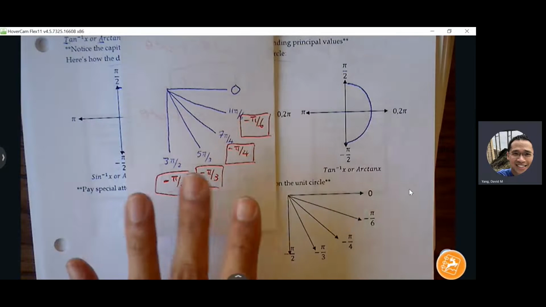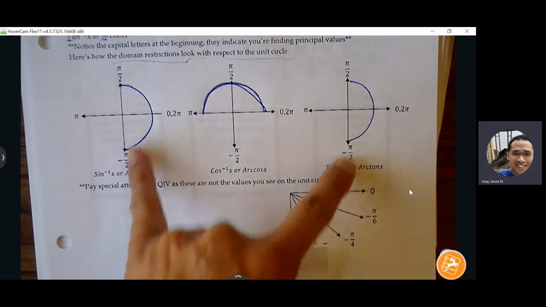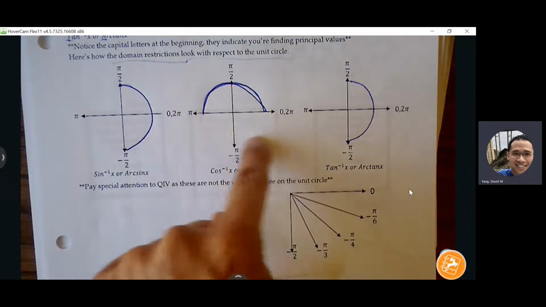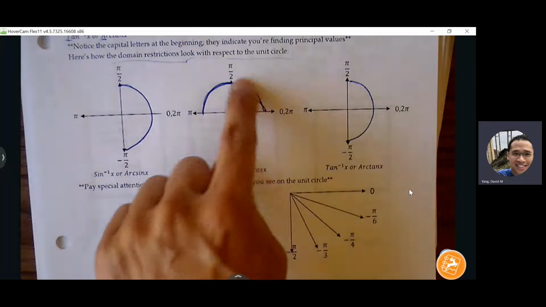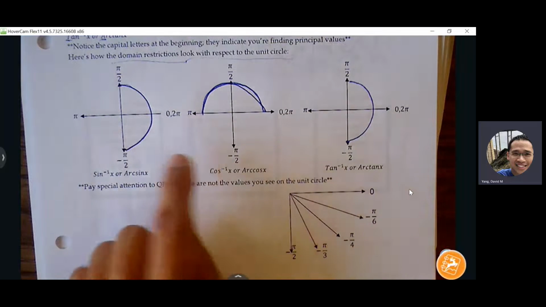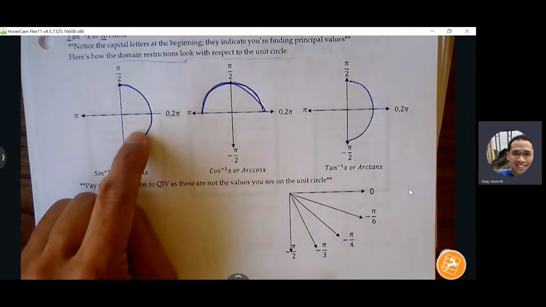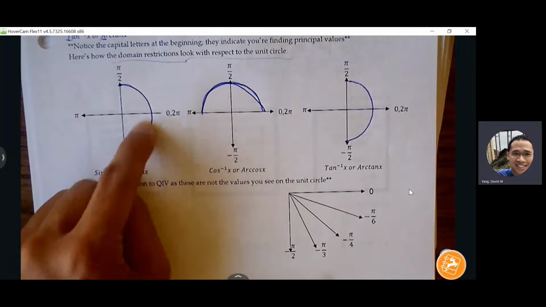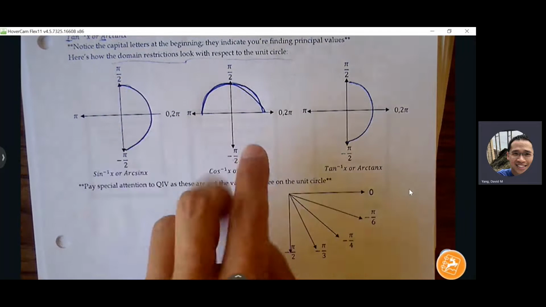Okay, so again, inverse sine and arc tangent are going to be first and fourth, and then cosine is going to be first and second. This will ensure that any values we're looking for are covered, because sine is positive in the first quadrant and negative in the fourth quadrant. So there's a nice continuity of all the positive and negative values accounted for between these two quadrants.